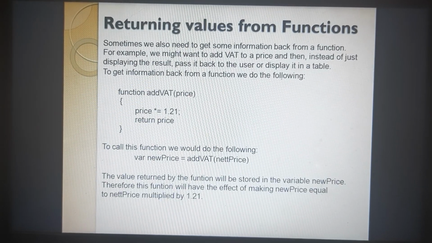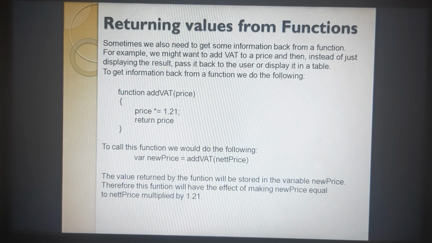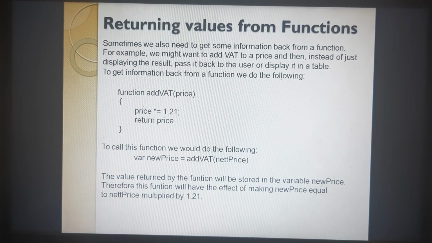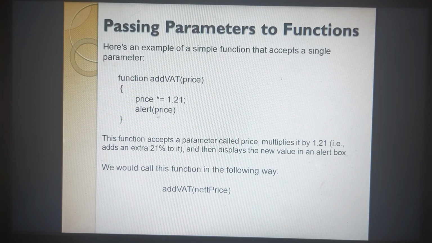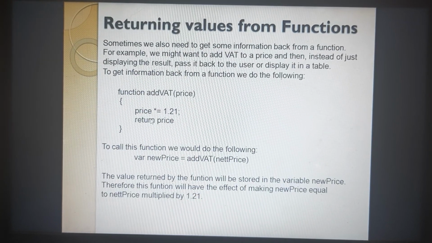And if we want to return values from our function, we can mention the return statement over here. In the previous example, with the help of the alert function we were displaying the price. Now in this example we are returning the price value to our addVAT function.